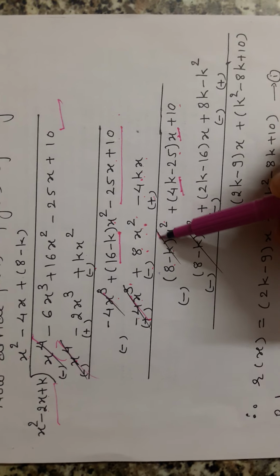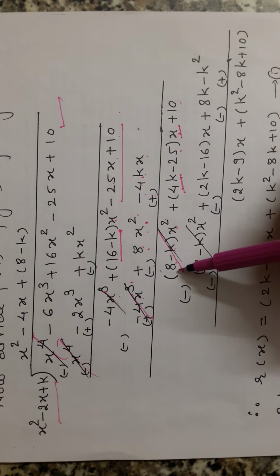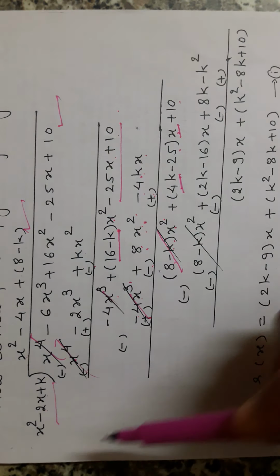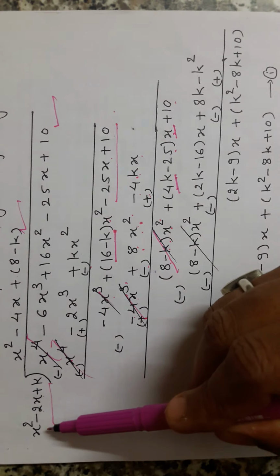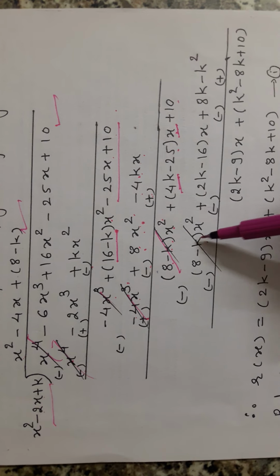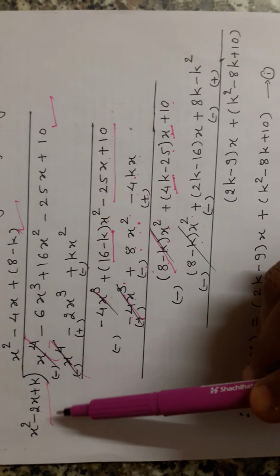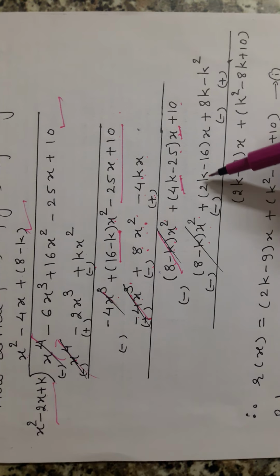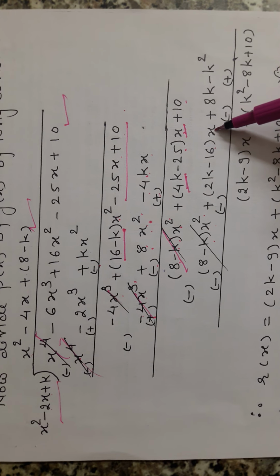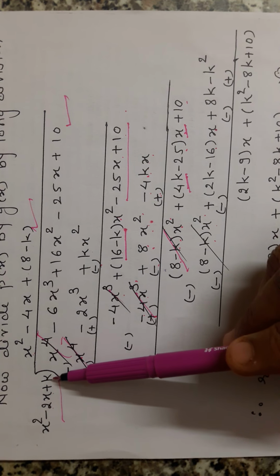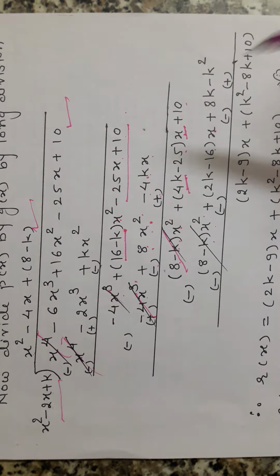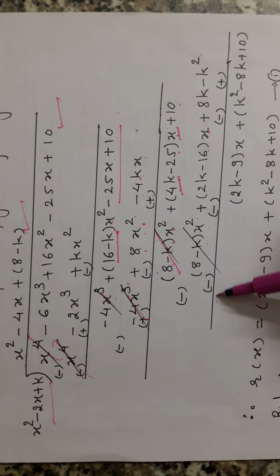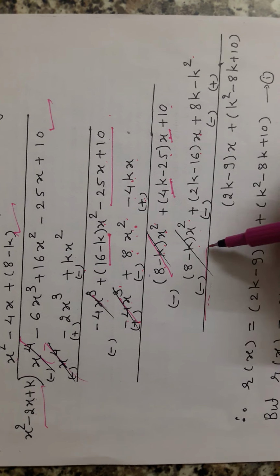Now we have to eliminate this term, but its coefficient is 8 minus k, so we take the third term as 8 minus k, because 8 minus k into x square is 8 minus k times x square. If we multiply by minus 2 into 8 minus k, we get 2k minus 16 into x. And if we multiply k into 8 minus k, we get 8k minus k square. Here we do the subtraction.